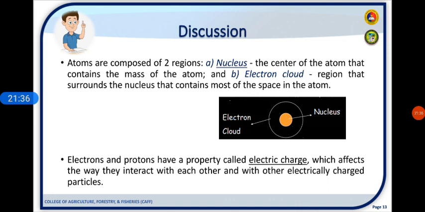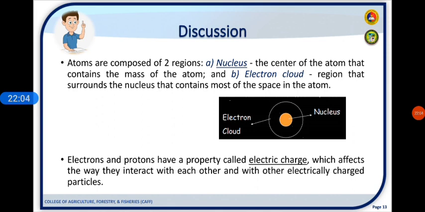Atoms are composed of 2 regions. The first one is the nucleus. Look at the image below. The nucleus is the center of the atom that contains the mass of the atom. And letter B, the electron cloud, is the region that surrounds the nucleus and contains most of the space in the atom.